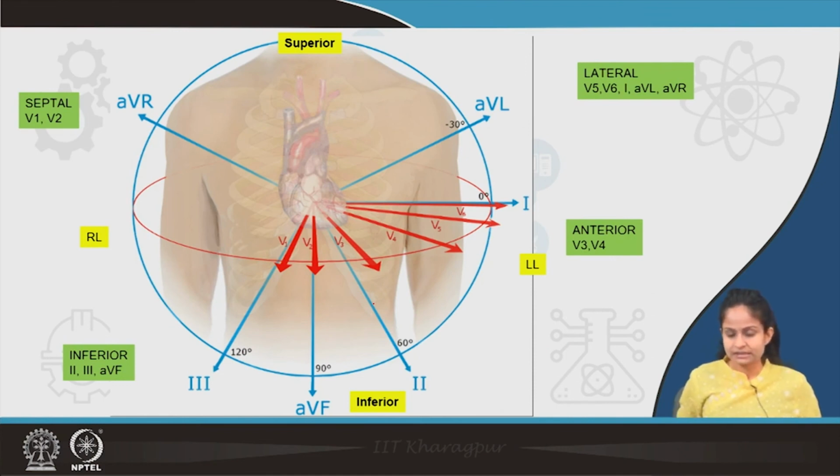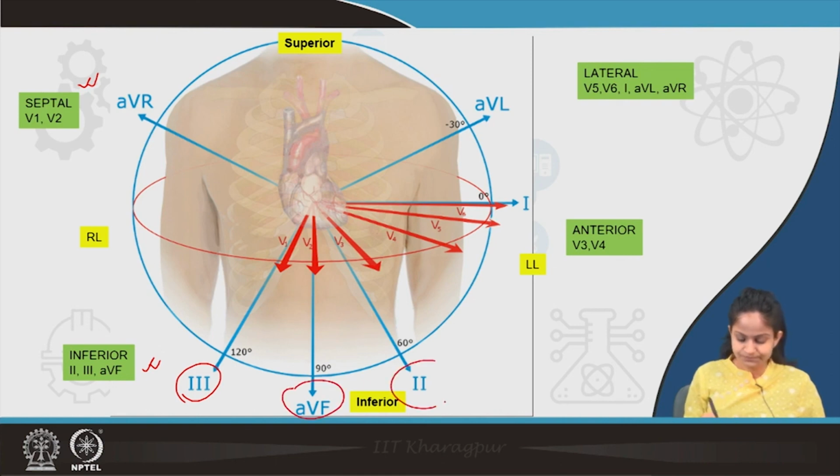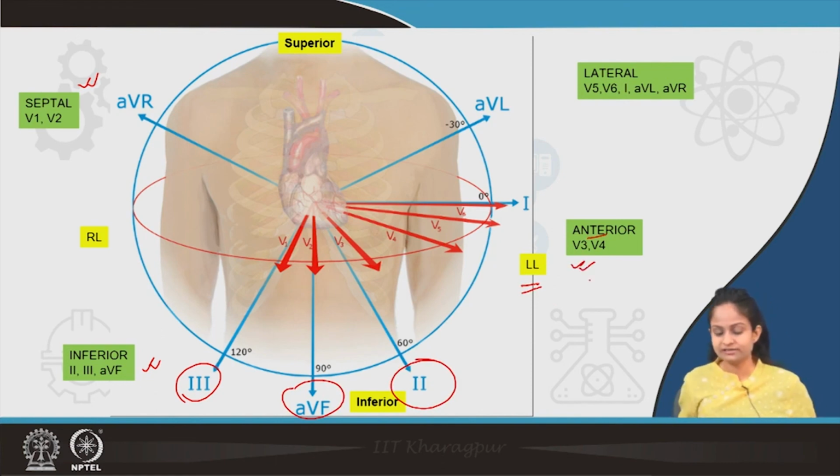Now, this hexaxial system along with the chest leads denote the various activity of the heart from different levels. The septal portion is denoted by V1 and V2. The inferior portion of the heart is denoted by lead 2, lead 3 and AVF. The anterior portion is denoted specifically by V3 and V4.